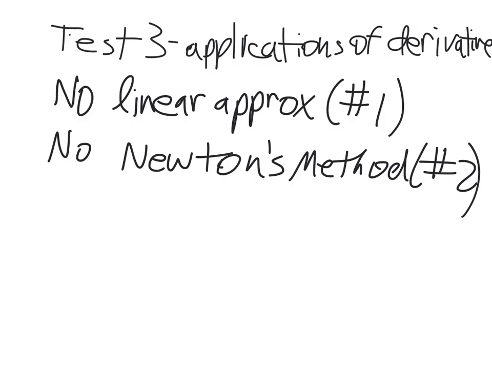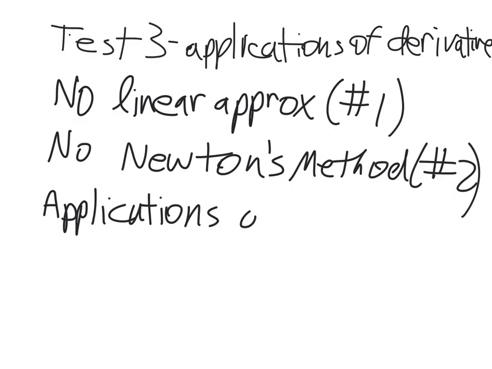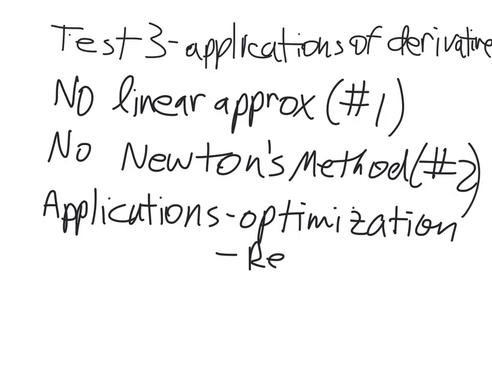Implicit differentiation, knowing the rate of one part, what's the rate of a different part. So those types of applications, definitely possibility for the final. That was optimization, related rates.